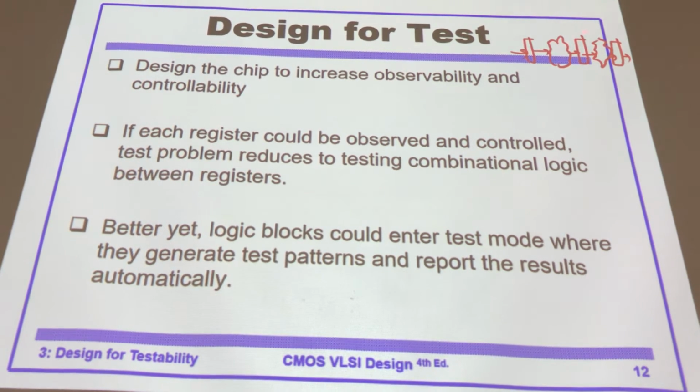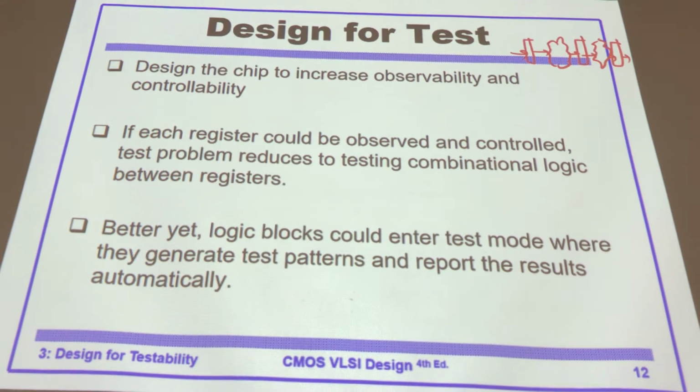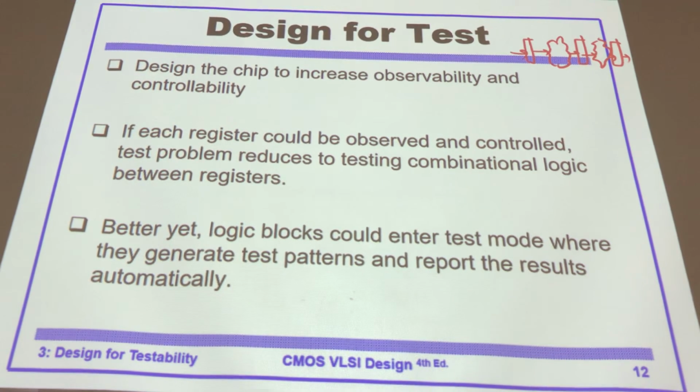If we are sure that these registers are correct, these registers can be set to some specific value, they can be observed from the outside. So better yet, we let the logic block enter test mode where it generates test patterns and reports the result automatically. It means that we can put some testing circuit inside the chip.